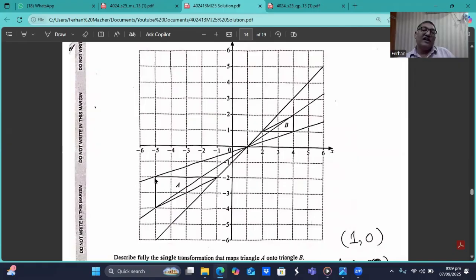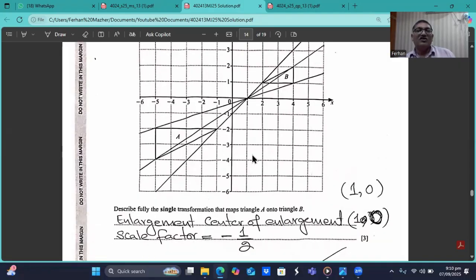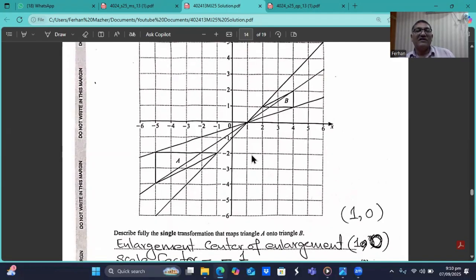I have joined this point where the angle is 90 with this point, and I have drawn a line and prolonged it on both the sides. Joined this point with this point, prolonged it on both sides. Joined this point and prolonged it on both the sides. So where these lines intersect, that is the center of the enlargement. So when I do that, the center of the enlargement is (1, 0).